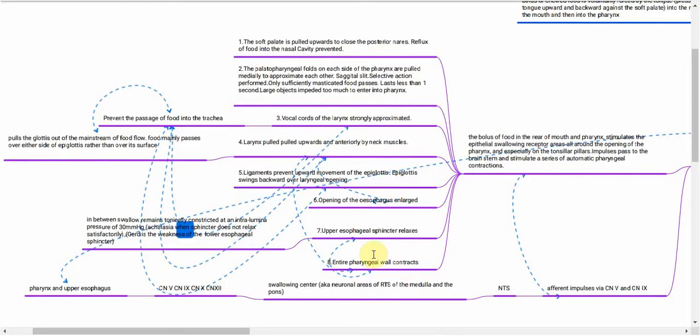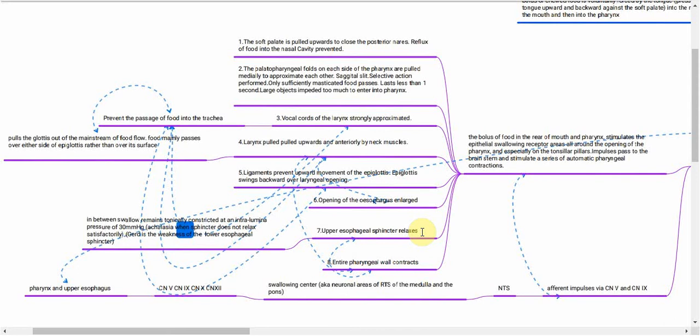right? And as the food approaches the esophagus, there will be relaxation of the upper esophageal sphincter. Normally, when a person is not swallowing, is not eating, it is constricted. It is tonically constricted, and the intraluminal pressure is about 30 millimeters of mercury.